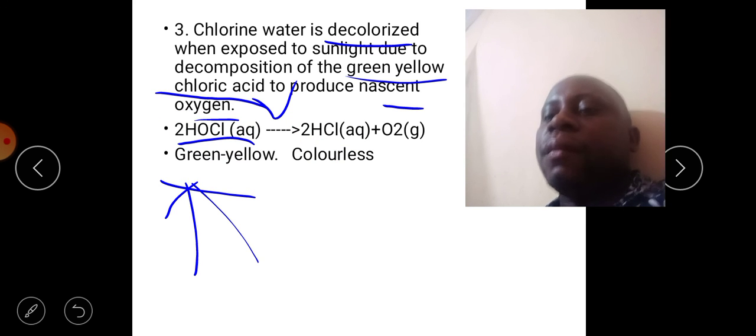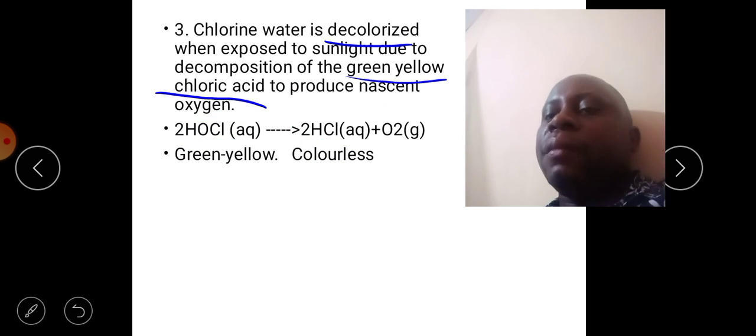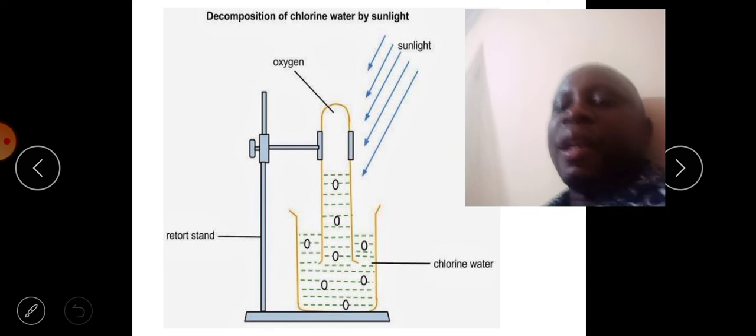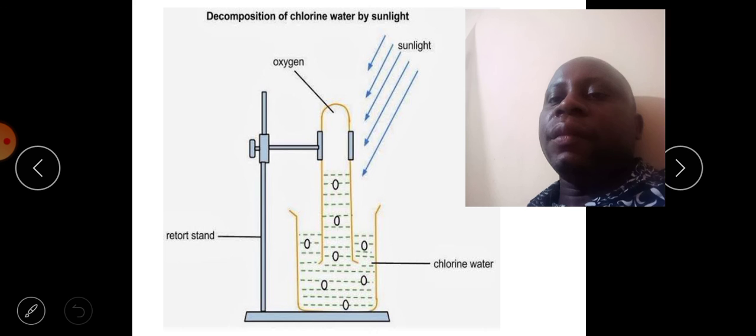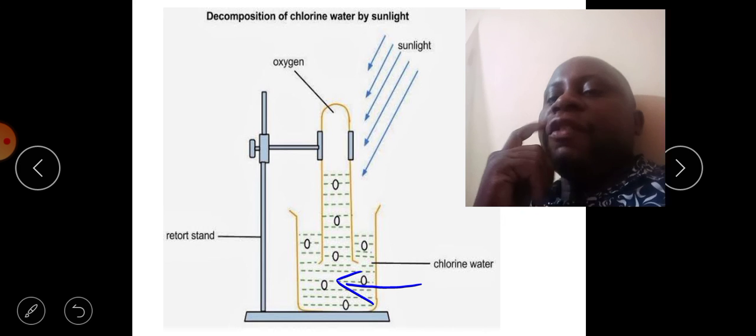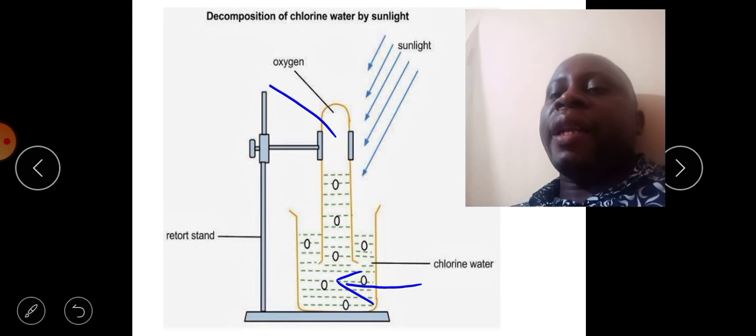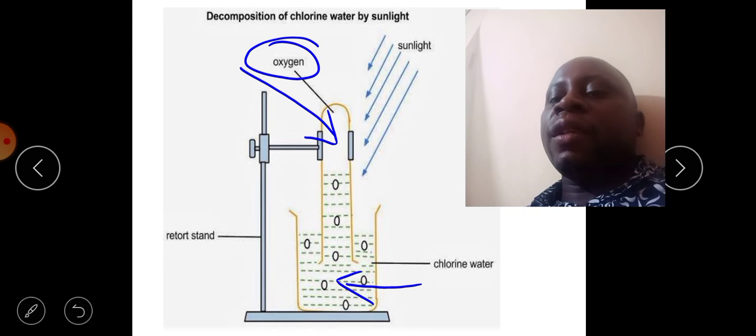Okay, let us see that in a diagram. So in this diagram, it is a very common diagram. You are able to see that here you have chlorine water, which is green-yellow in color. If you leave it for some time, it will decolorize, and there will be a colorless gas which will be collected on top here. The colorless gas is due to the production of oxygen. The chlorine water will change from being green-yellow to colorless.